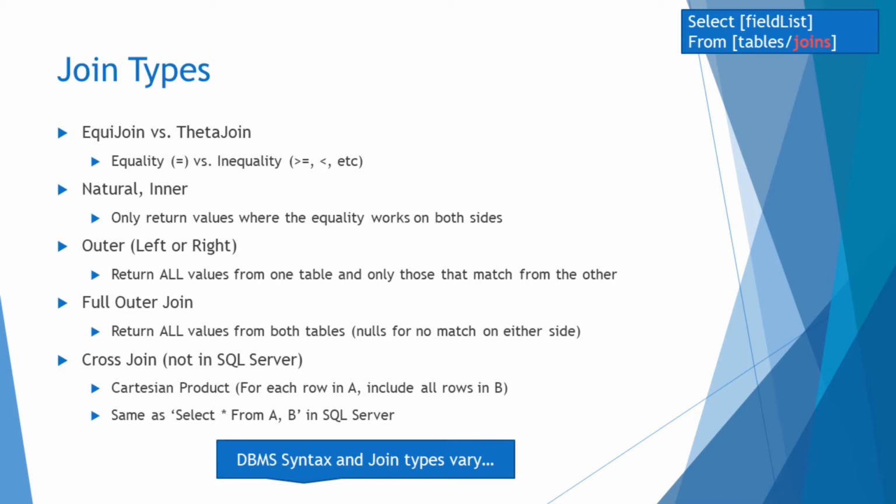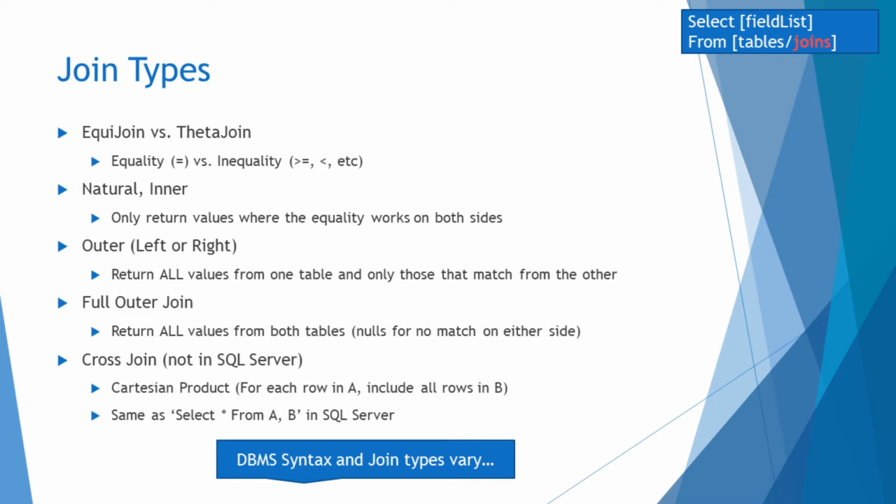There is also the option of what we call an outer join. Again, the syntax for this is going to vary based on your DBMS. But an outer join can be either left or right, depending on which records you want to return all values from, and only those that match on the other side. So any fields over on the other side that you wanted to match would be returning null if there was no match.